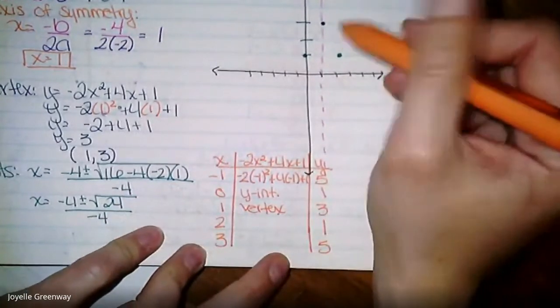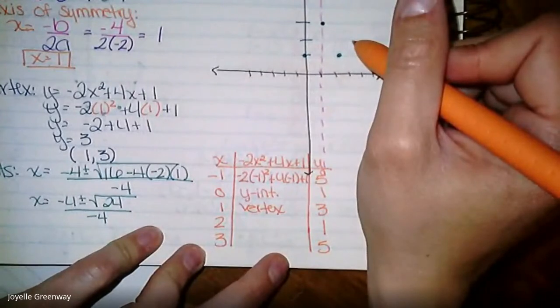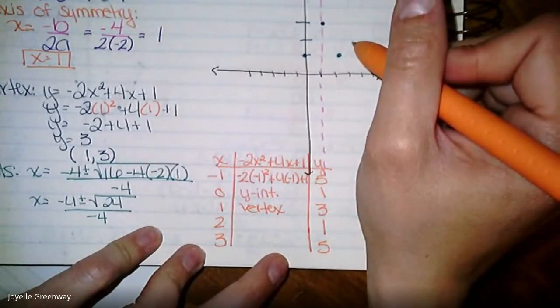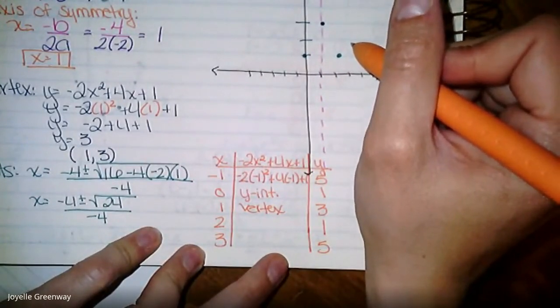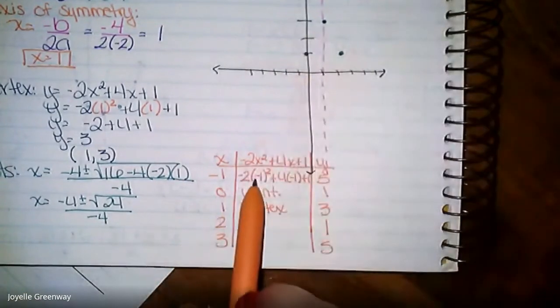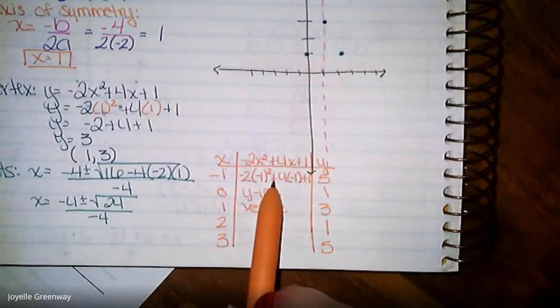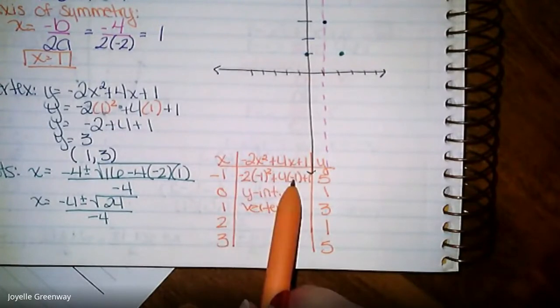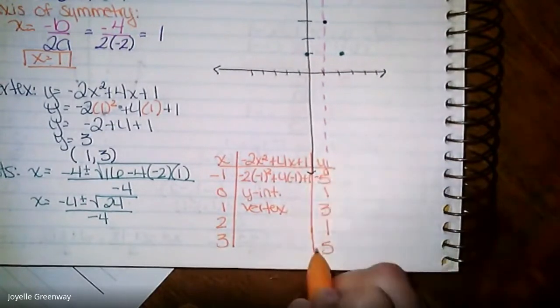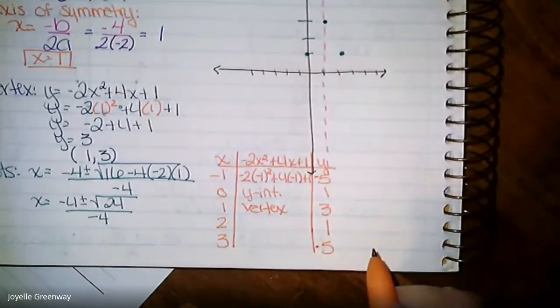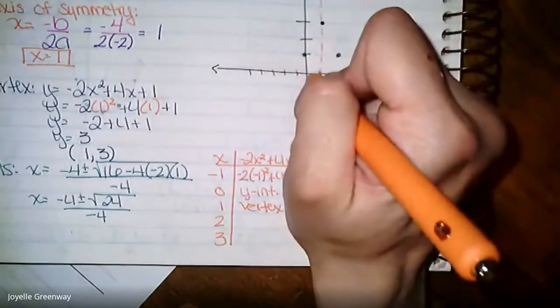So that means, wait a minute, is it -5? Hold on. 1 squared, so -2 plus -4 is -6, so it's -5. Greenway, you dropped your negative sign. I was like, wait a minute.